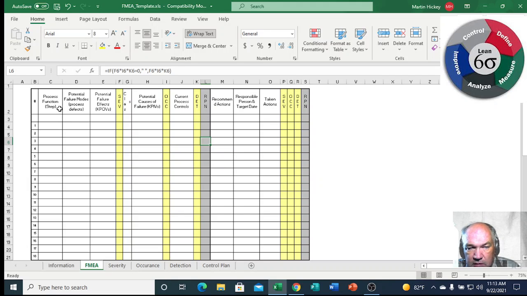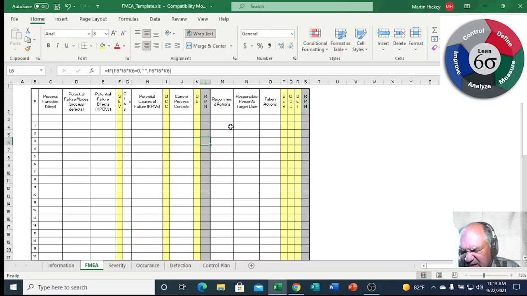Now you line up all of your process steps, all the potential failure modes that can happen, all the potential failures, and everything else lined up in there. This can be a very long exercise. You get all your RPNs figured out, and then you sort them high to low. Then you start working on the ones that need the most attention, which are the highest numbers.